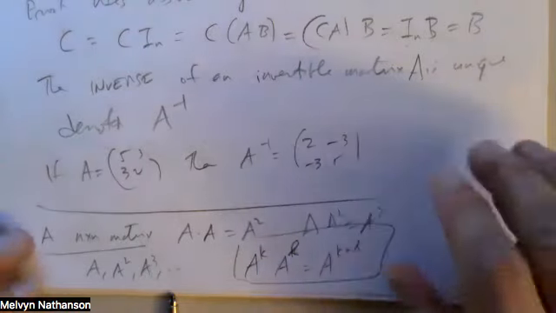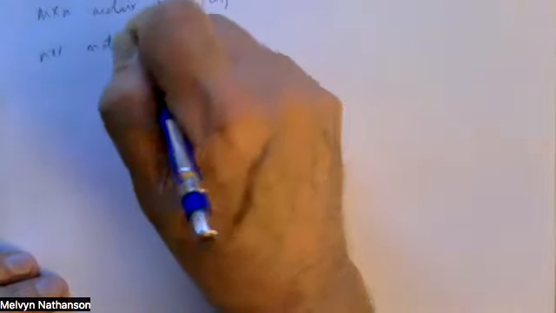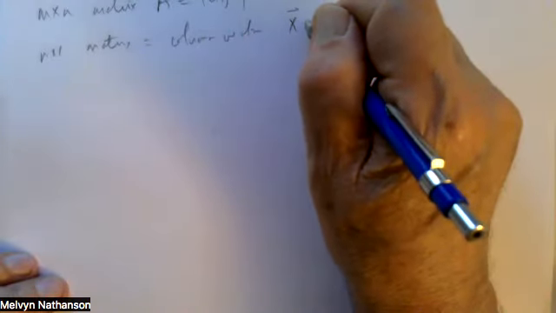Let's look at a special case of matrix multiplication. Suppose you have an m by n matrix A, and we have an n by 1 matrix, which is a column vector, X. So A is m by n.